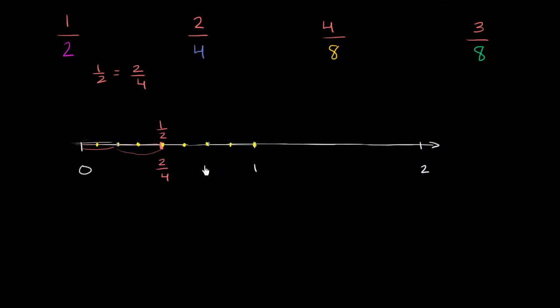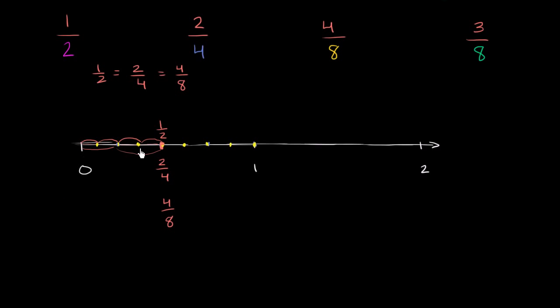So now it's 8 equal sections. And now we're going to go 4 of them. Starting at 0, we're going to go 1, 2, 3, 4. So we end up at the same place again. This is also equal to 4/8. So 1/2 is equal to 2/4, which is equal to 4/8.